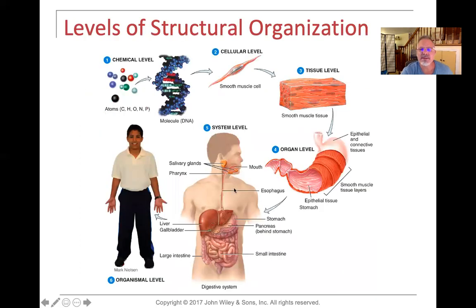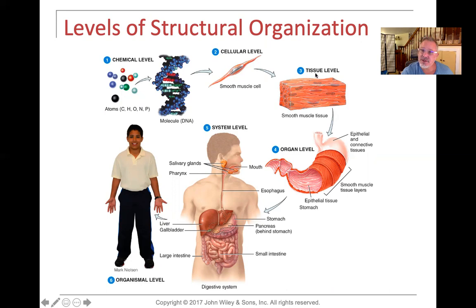When we look at levels of organization, this is really neat because this helps us understand, again, structure and function. So at the very basic level, we have chemistry and a bunch of chemicals come together, whether it's carbon, hydrogen, oxygen, nitrogen, and phosphorus. These chemicals come together to create cells. And then we have a bunch of cells that come together to make up tissues.